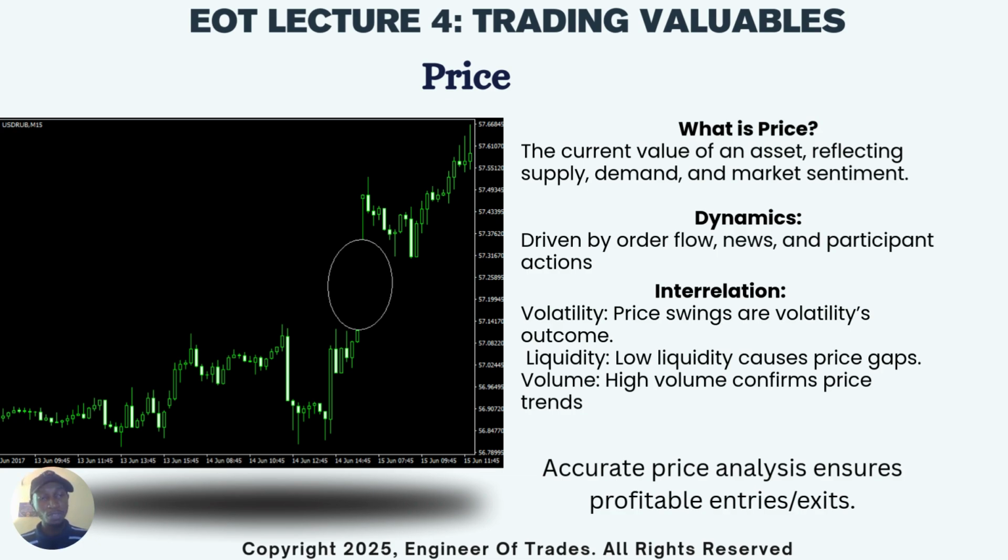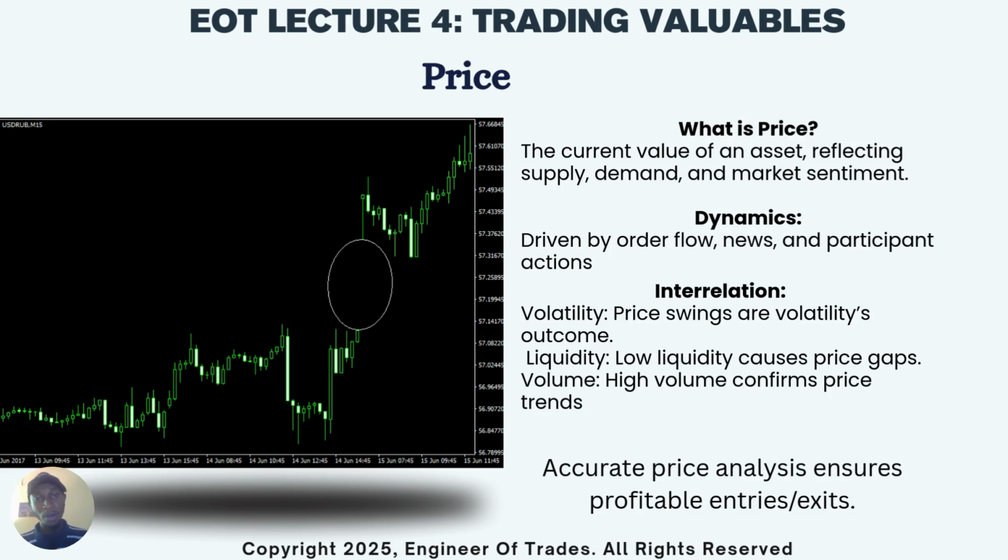Now, again, we look at the interrelation between the other variables and price. So we expect to see huge price swings when there is high volatility. That's simple. Then we also expect to see things like price gaps, or rather instances of imbalances in markets, when there is low liquidity. Again, we looked at what liquidity is in the past lectures, but we're also going to have a quick look into it in the coming slides. Then the interconnection between price and volume.